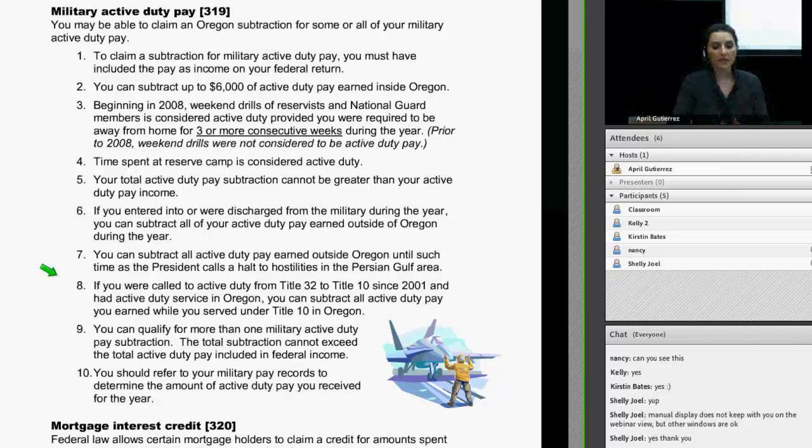But if you were called to active duty under Title 32 or Title 10, and that is essentially one of those reservists or National Guard members who was recruited by Bush to send off to Iraq, then any active duty pay earned inside Oregon is a subtraction, even if it exceeds that $6,000. Also, you can qualify for more than one active duty pay subtraction, but the total subtraction cannot exceed the total active duty pay included in federal income.